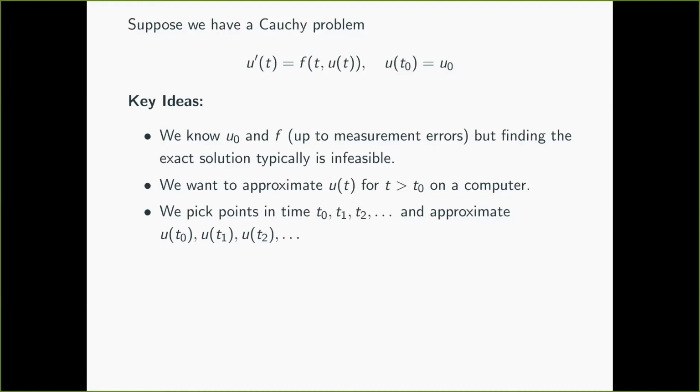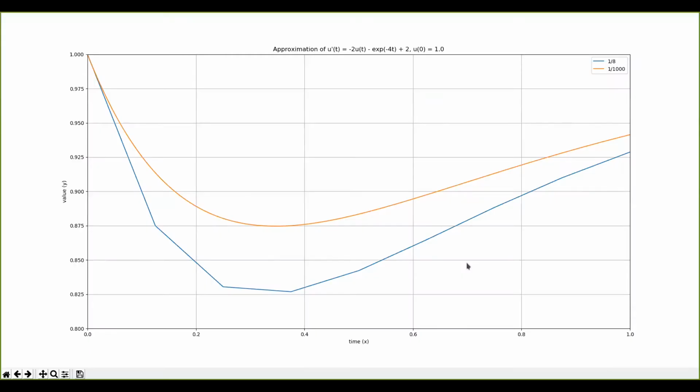And just to give you an idea of what it looks like, let's take a look at an example. What we see here is a numerical approximation for the solution of the following initial value problem. Namely, we've got the initial condition u0 equal to 1, and the ordinary differential equation u prime of t is equal to minus 2 times u of t minus exponential of minus 4 times t plus 2.